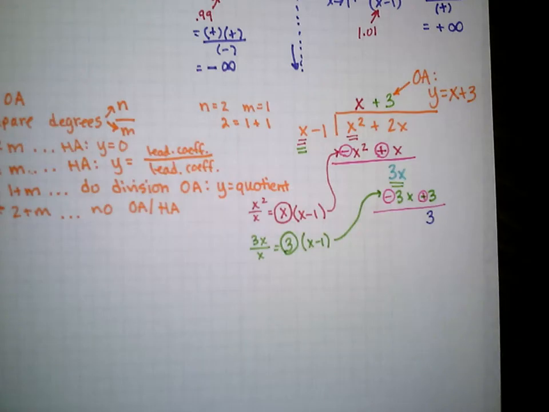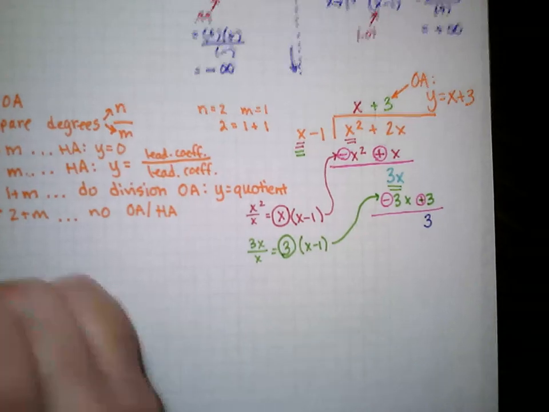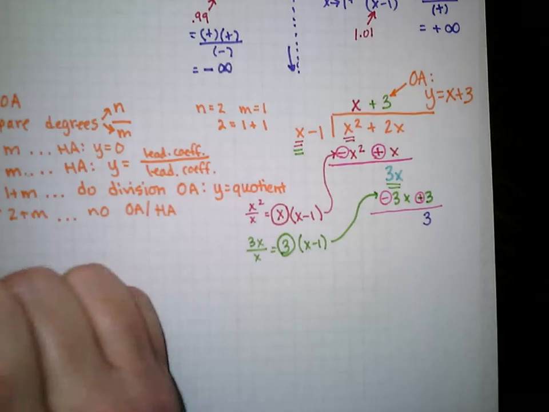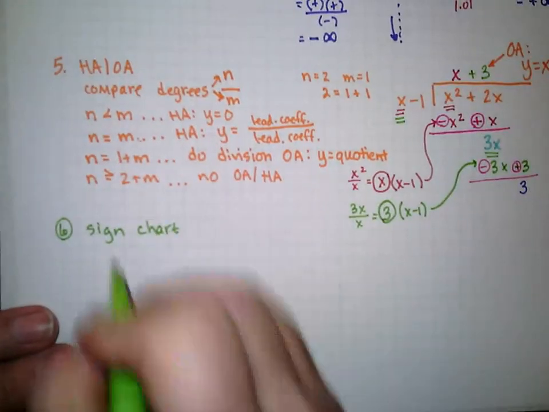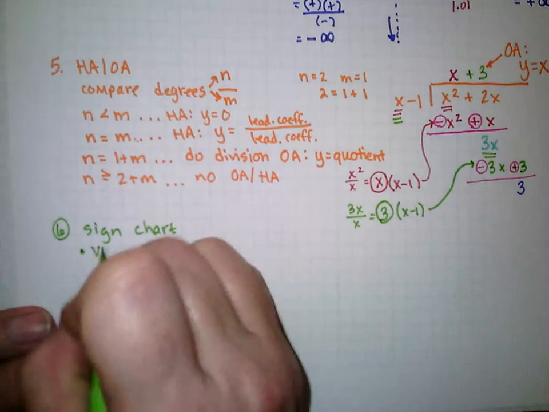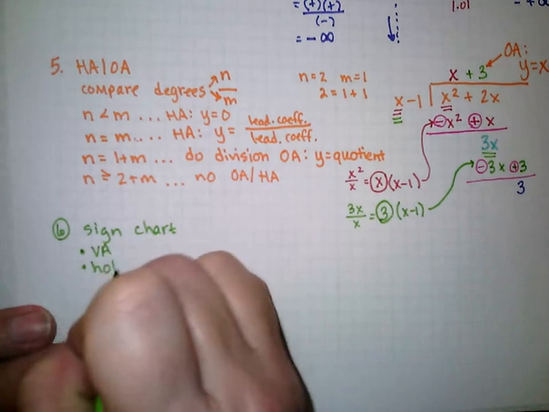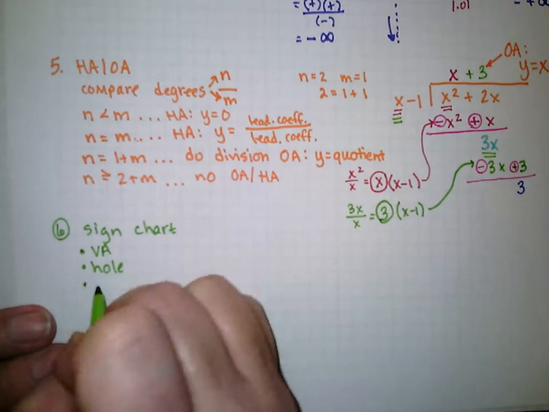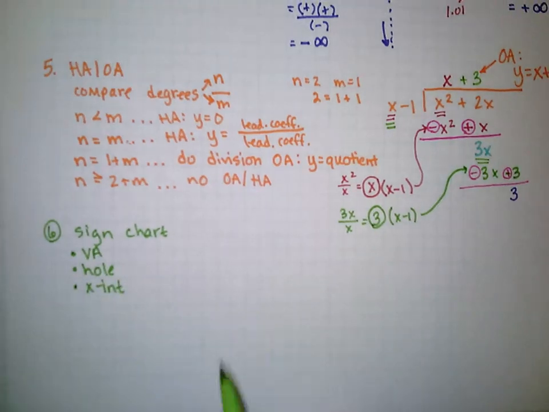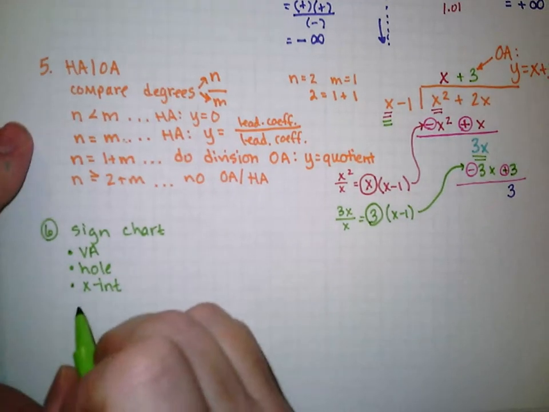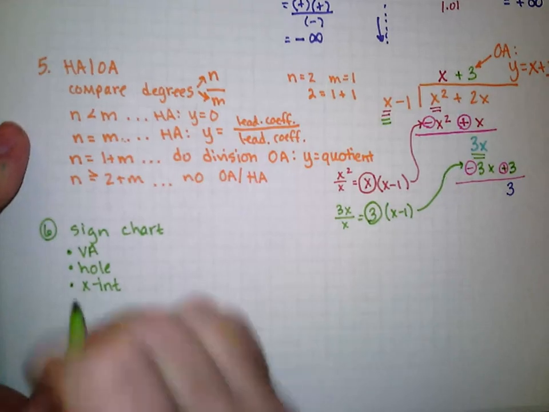The next step on our list is the sign chart. On the sign chart, we're going to put our vertical asymptote, any hole, the x values for holes, the x values for x-intercepts. And then we're going to check to see if the function is positive or negative.